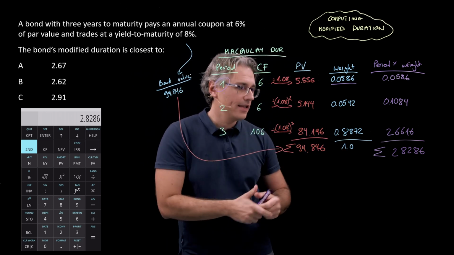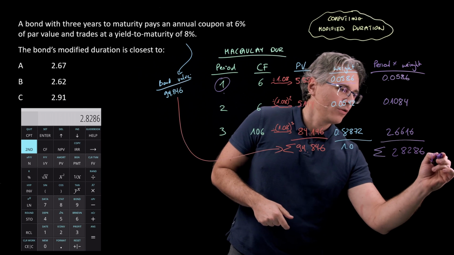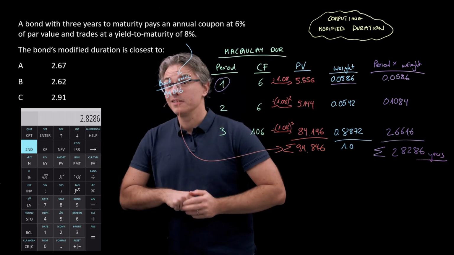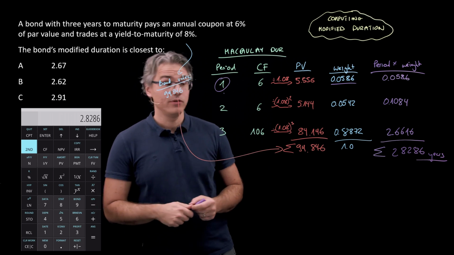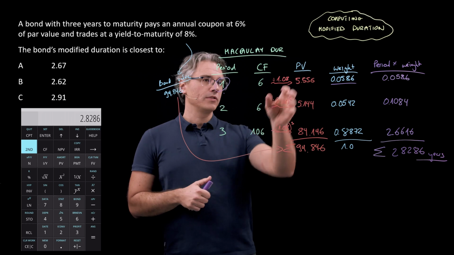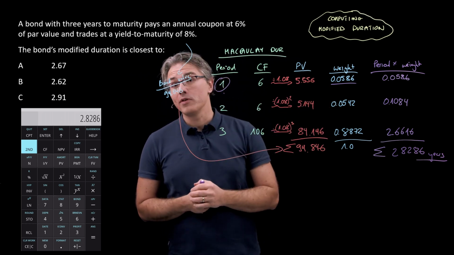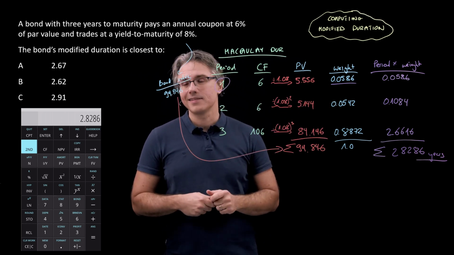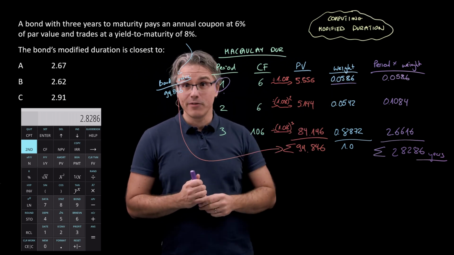This is expressed in years, in terms of how long we need to wait in order to receive cash flows from the bond. The cash flows are not weighed, but they help us derive the weights necessary to weigh the periods.